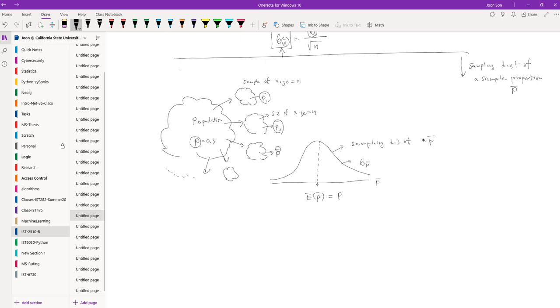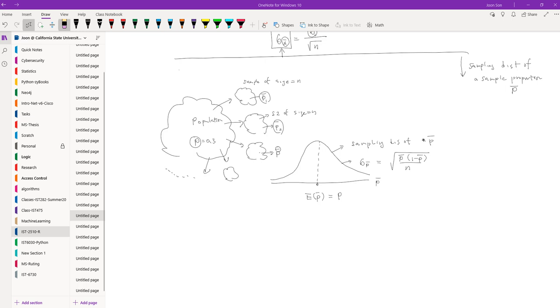So the equation for this is the square root of p times 1 minus p, divided by n, where n is the sample size.